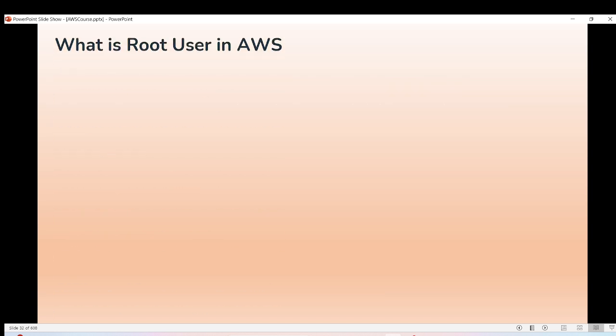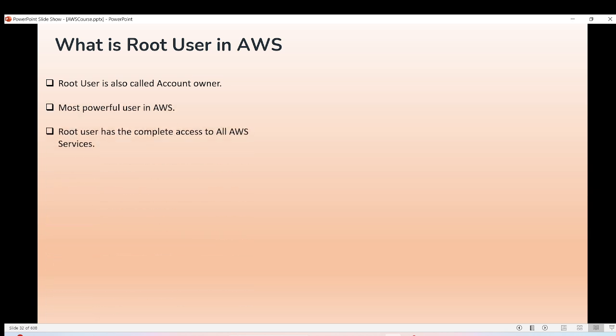Guys, what is the root user in AWS? The root user is also called the account owner, the most powerful user in AWS. The root user has complete access to all AWS services. That identity is called the root user. Most powerful user, guys. When you create an account, the account owner is the root user.